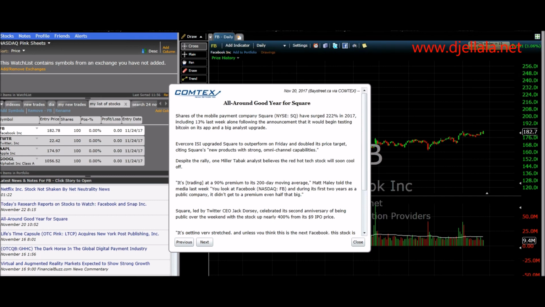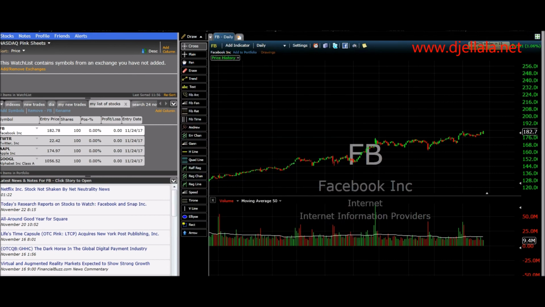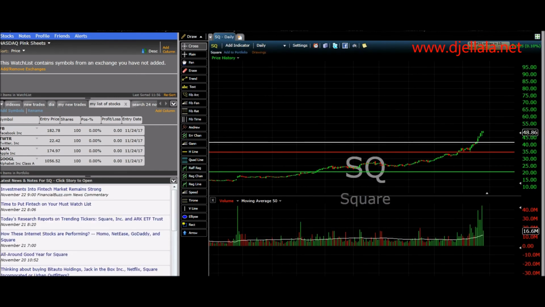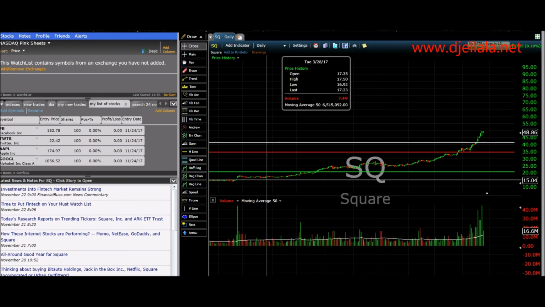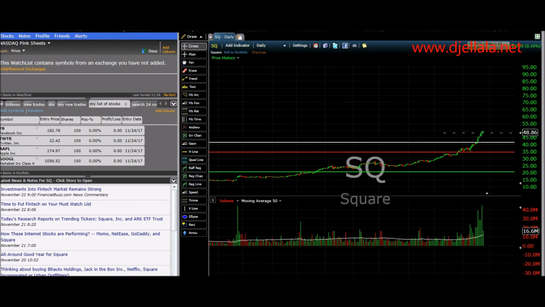It's just a Square device you put into your cell phone, and then you can accept payments. It got an IPO, and we can see how it looks here, called SQ. You see that the stock is going so well. Square was only 17, now it's 48.